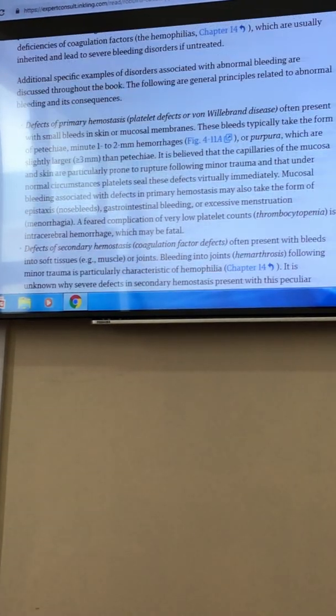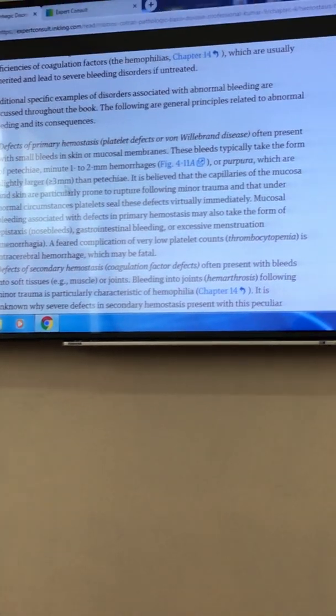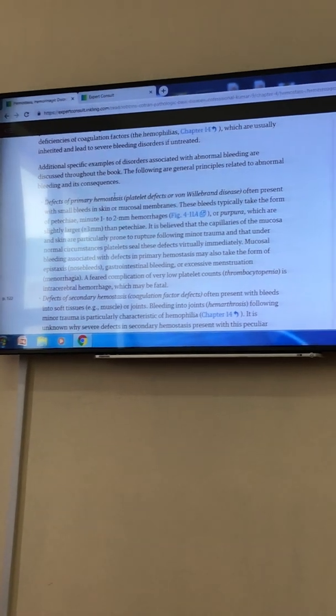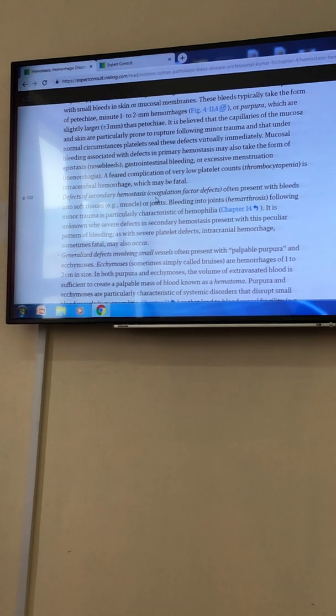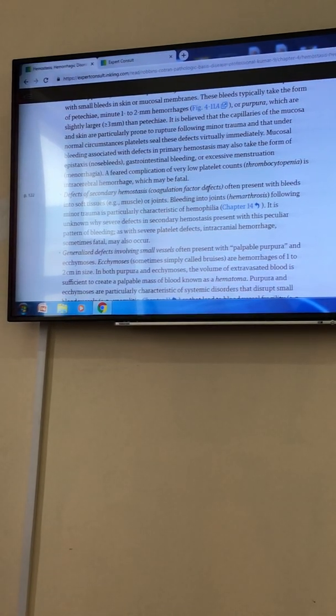But the clinical picture is different when a patient has a defect in primary hemostasis versus a problem in coagulation factors.